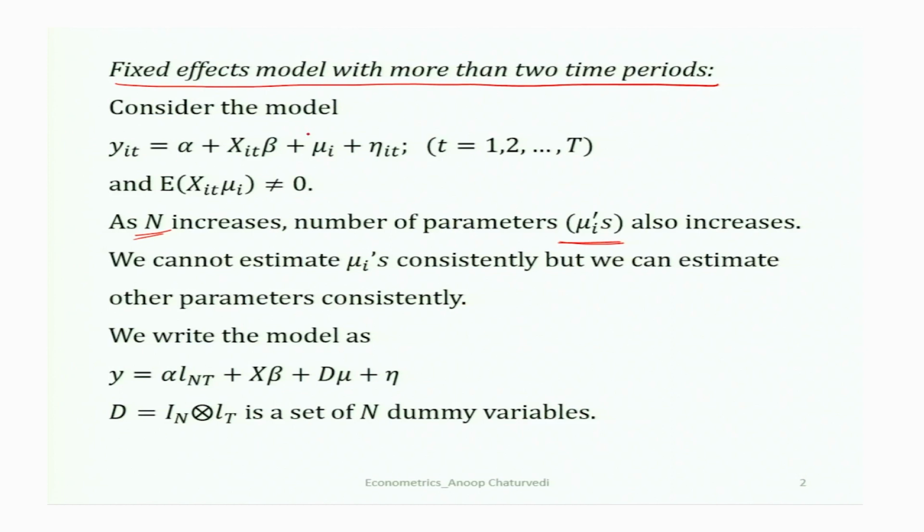Now, we write the model in the form y equal to alpha L_nt plus x beta plus D mu plus eta. So, we use vector and matrix notations and write the model in this form, where L_nt is an nt cross 1 vector with all elements equal to 1.